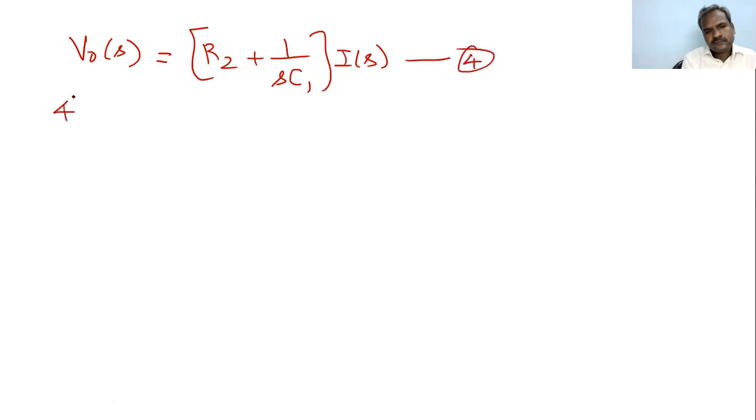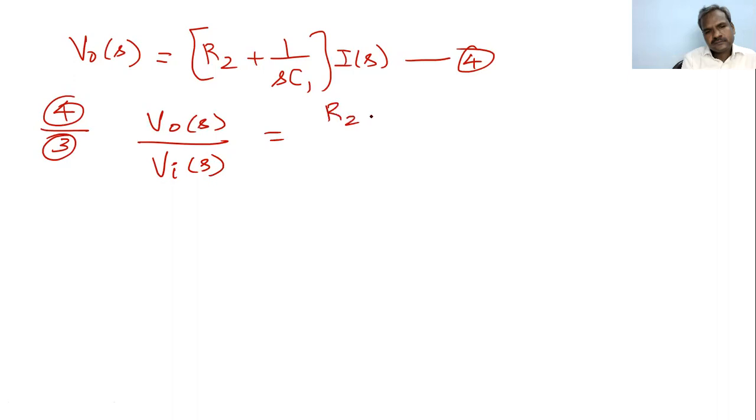Divide 4 by 3: V naught of S to VI of S equal to R2 plus 1 by SC1 divided by R1 plus R2 plus 1 by SC1.